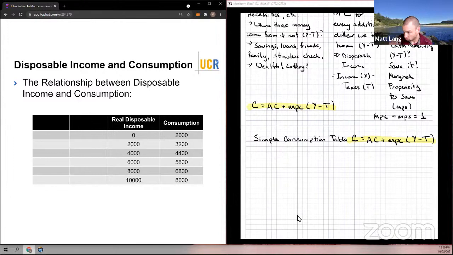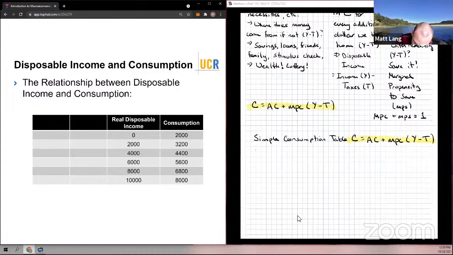Okay, so I got this table up here. I'm just going to start with the last two columns, or the only two columns you can see. We've got y minus t, we've got 0, and we've got c right off the bat. Notice what's going on here. When y minus t is equal to 0, that means that your take-home income is 0.